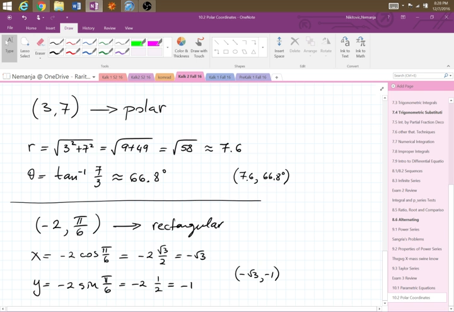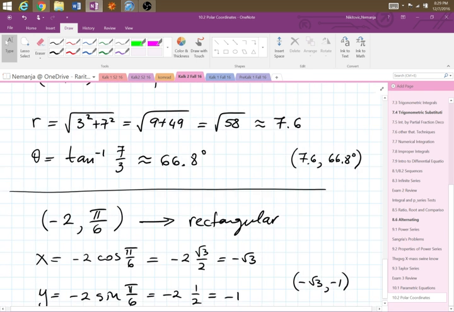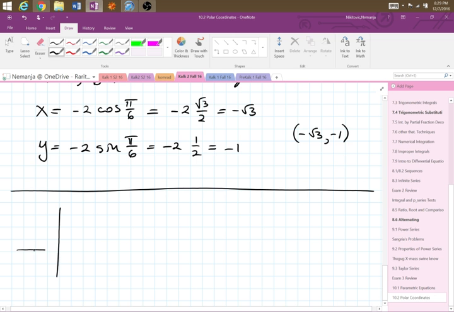Now what I'm going to do is talk about the two basic functions. You know that when you are dealing with rectangular coordinates in xy, you have a horizontal and vertical line.